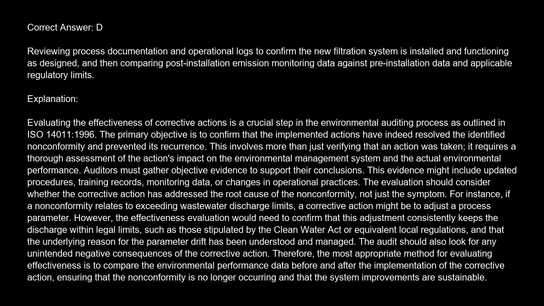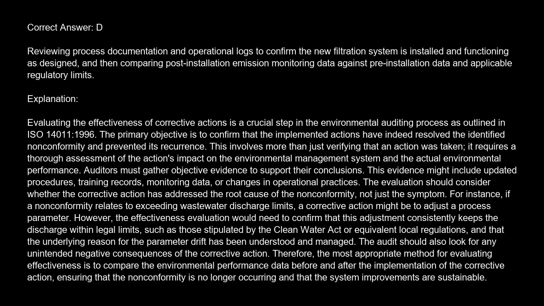Explanation. Evaluating the effectiveness of corrective actions is a crucial step in the environmental auditing process as outlined in ISO 14011, 1996. The primary objective is to confirm that the implemented actions have indeed resolved the identified nonconformity and prevented its recurrence. This involves more than just verifying that an action was taken.